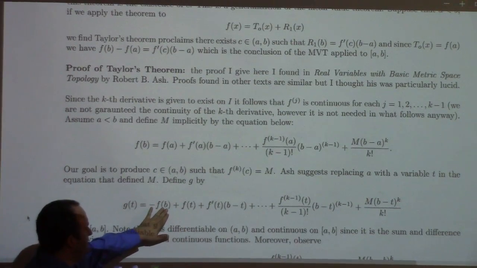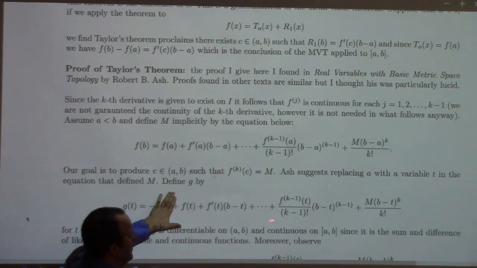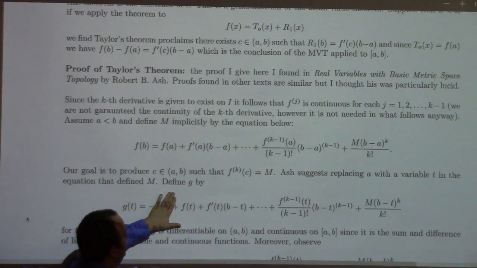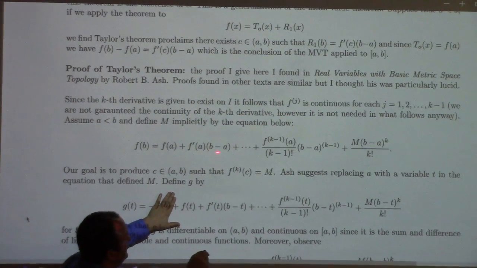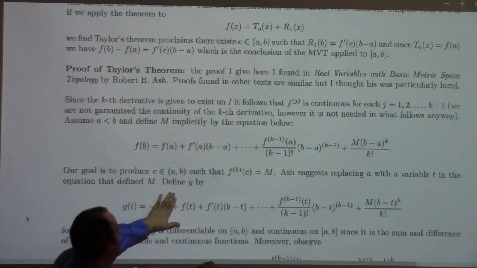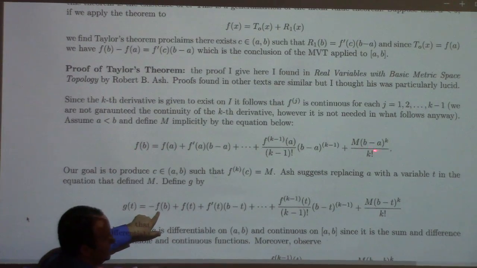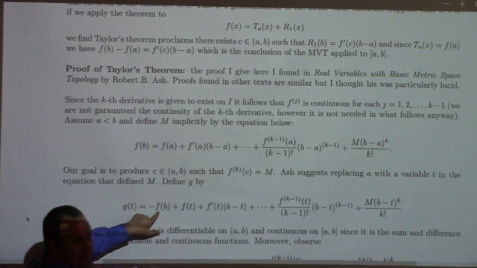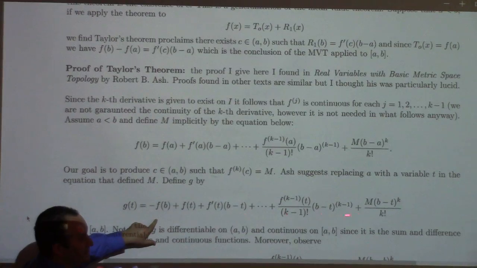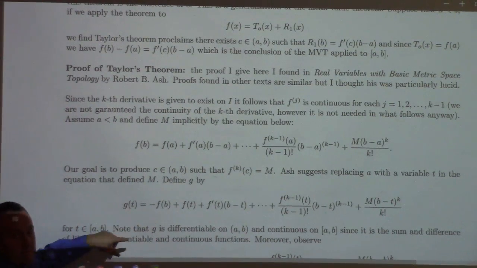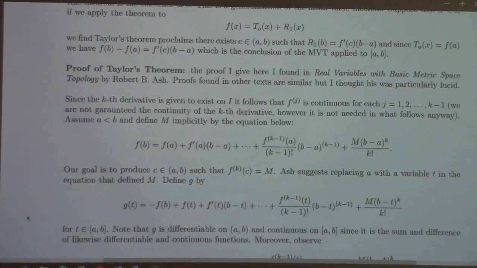So in other words, you get basically everything here with t replaced with a, right? Which is what? It's exactly all of this, right? And then you get minus f of b. So it's exactly the fact that rearranging this with minus f of b plus all this stuff is equal to 0. That's synonymous with this function having a 0 when you plug in t equals a. All right? It's a little bit hard to see, but it's true. When you plug in a, you get 0 here.